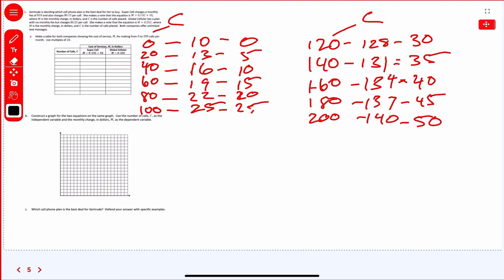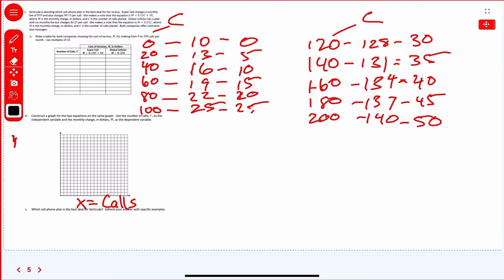B, construct the graph. I'm not going to exactly do this graph just for the sake of time, but surely you can list out what is going to be your X. X is going to equal your calls.